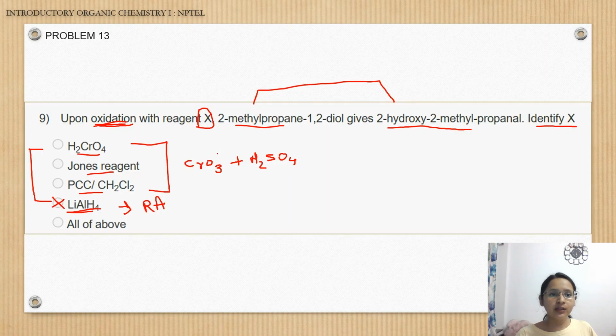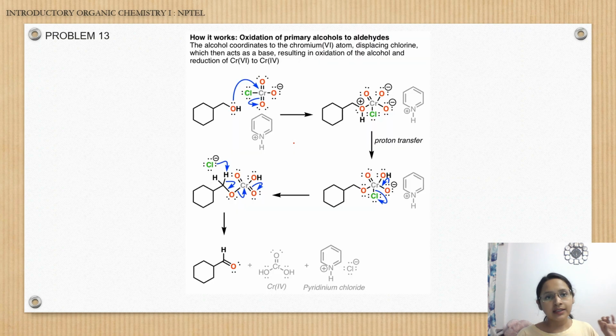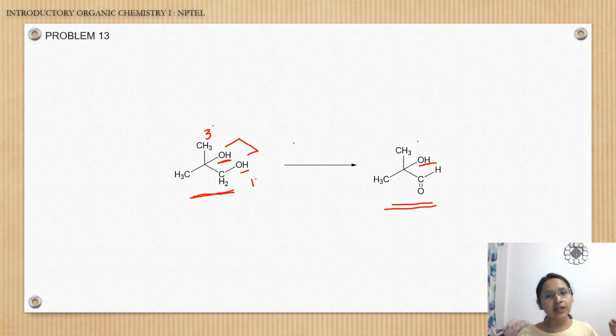You will have a very low yield if you use Jones reagent on this particular compound to get this particular product. So it is not a very clean reaction, because with Jones reagent, CrO3 and H2SO4, there is no leaving group or some kind of selectivity in that condition.